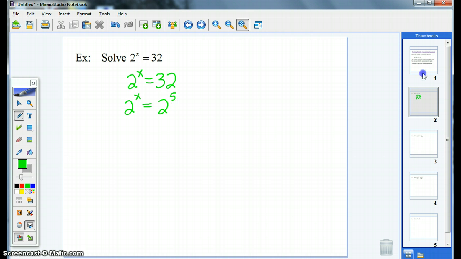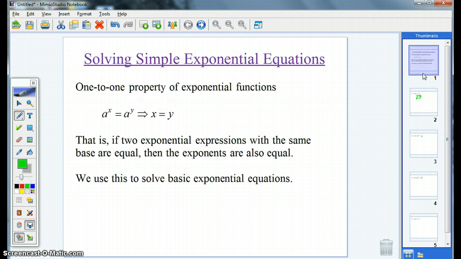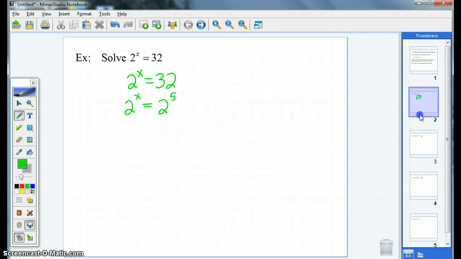Now we have this one-to-one property. We have two exponential expressions that are equal. They both have the same base, and so we can simply equate the exponents. I can equate the exponents here and realize that x is equal to 5.